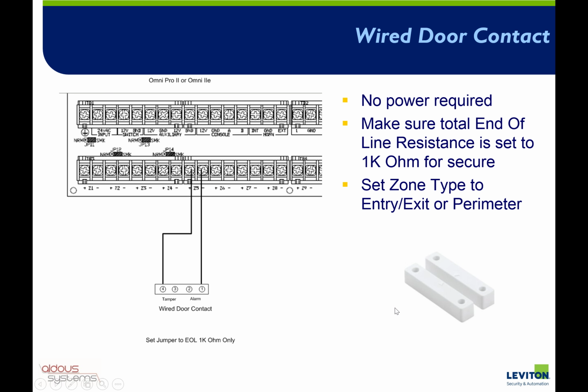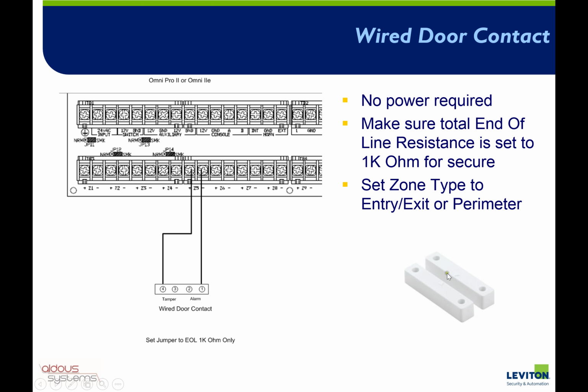Door and window contacts are obviously important as well. These tend to be passive devices. It's got a little magnet in it and a relay switch. When you have one on the door frame and one on the door, when they're together, then it's secure, and when they separate, then it's not ready, or it's an alarm state. So 2 wires, don't need any power.